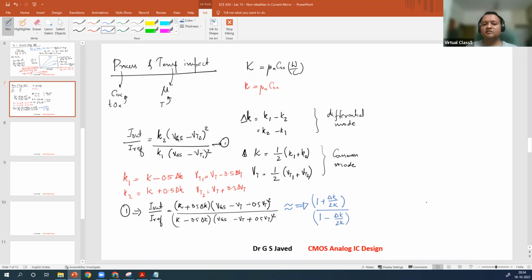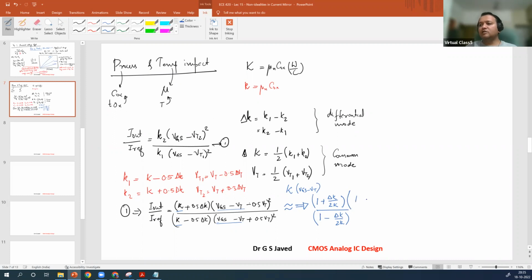Next, the two terms in the VGS factor. What do we do here? This is common, so when we divide, K and K will get cancelled, and the VGS minus VT factors will get cancelled out in both conditions.